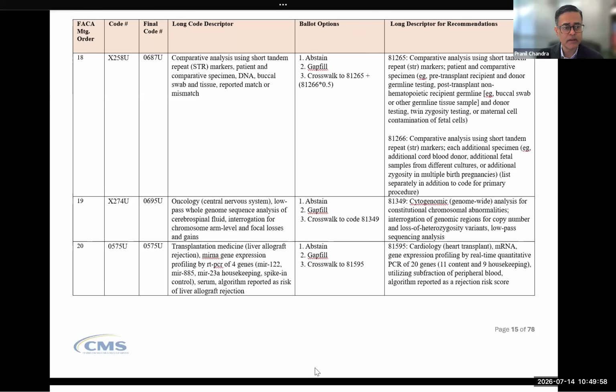Thank you, Megan. This is a transplant code. It's a messenger RNA-based gene expression profiling assay. And again, the sponsor gave a very nice presentation with their rationale to crosswalk to 81595, which seems appropriate and commensurate with the resources needed to perform the assay. And so that's my recommendation, to crosswalk to 81595.